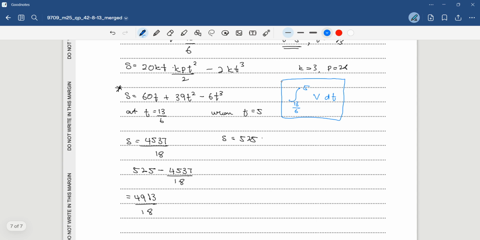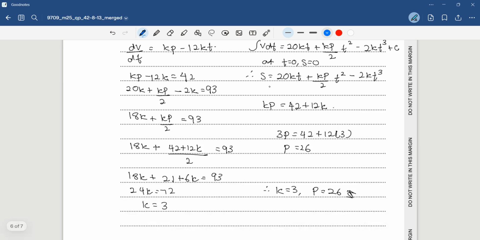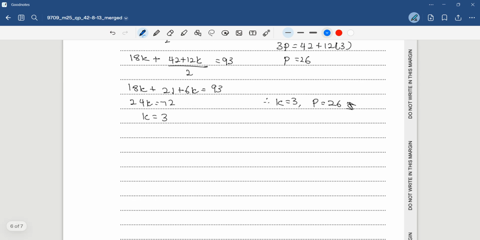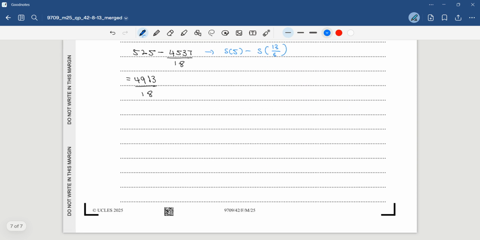Since I already did the integration earlier, I just utilize that here, and this will be s at 5 minus s at 13 over 6. You substitute s equal to 5 minus s equal to 13 over 6. That's it. So that's all from me. Thank you.